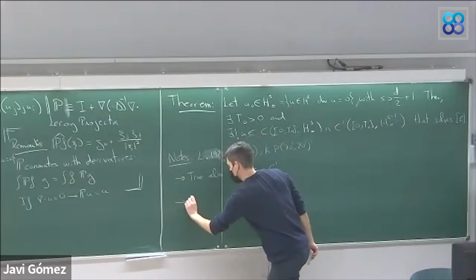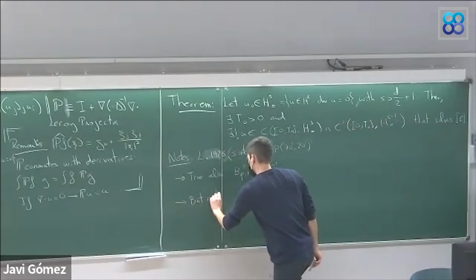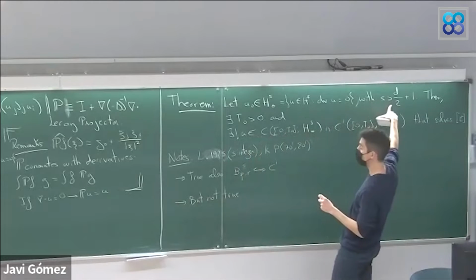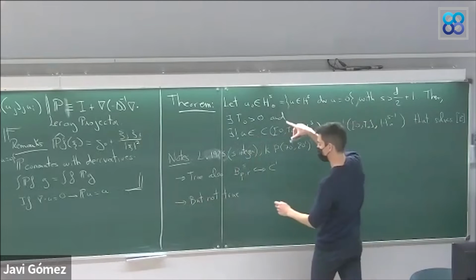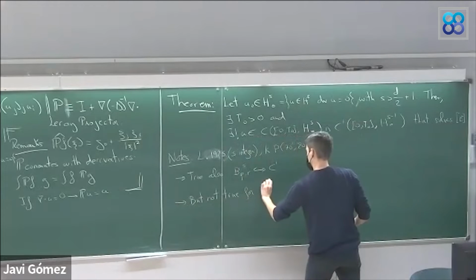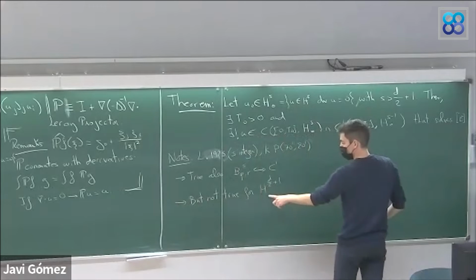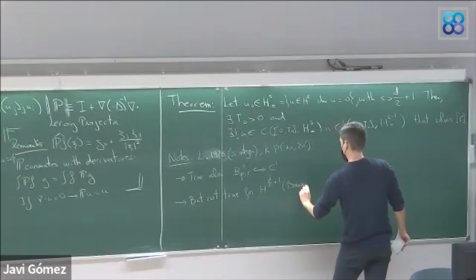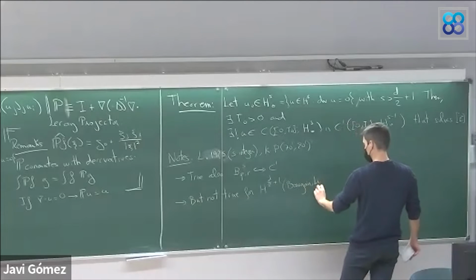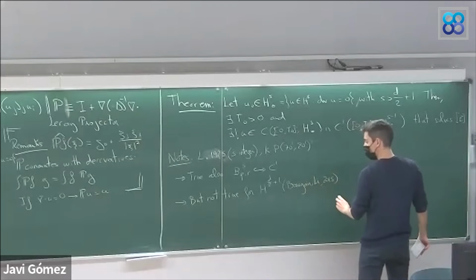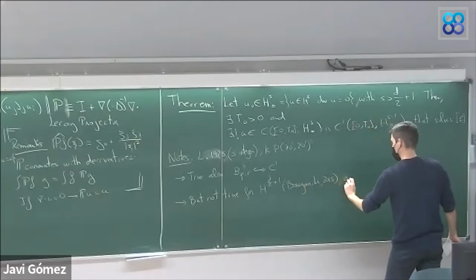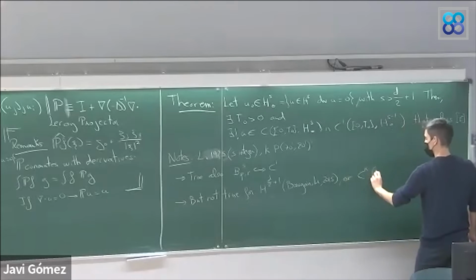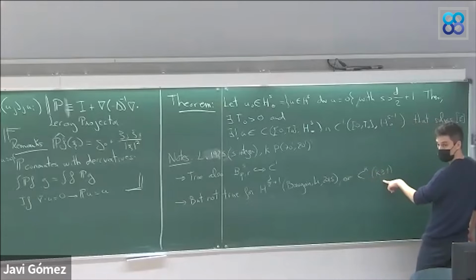But it doesn't hold in the limit case. So when s is equal to d over 2 plus 1 in Sobolev spaces, then the problem is ill-posed. This is resolved by Bourgain and Li in 2015. And also, it's ill-posed in C^k for any integer k bigger or equal than 1.